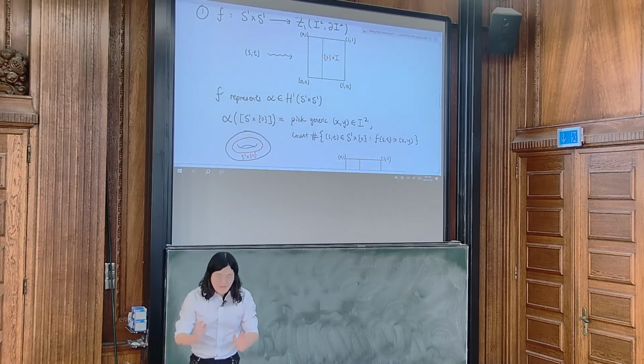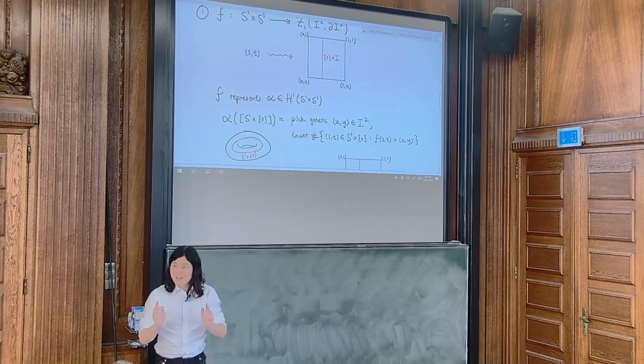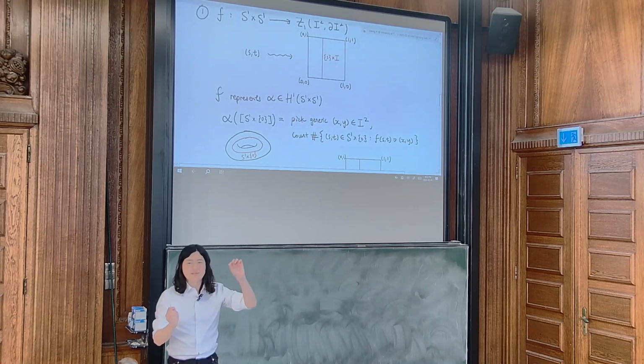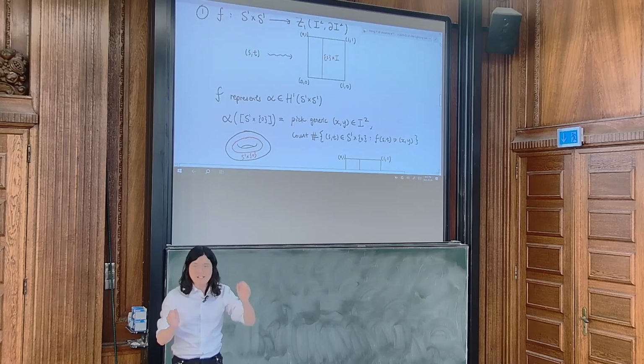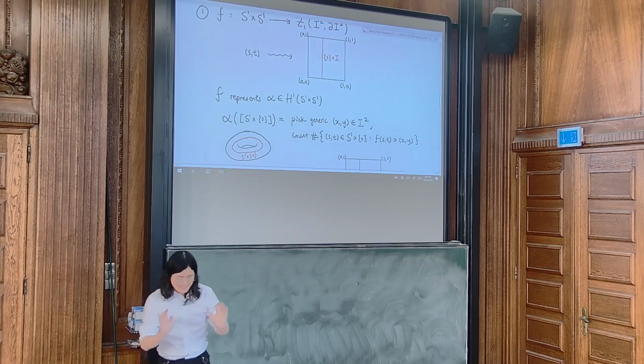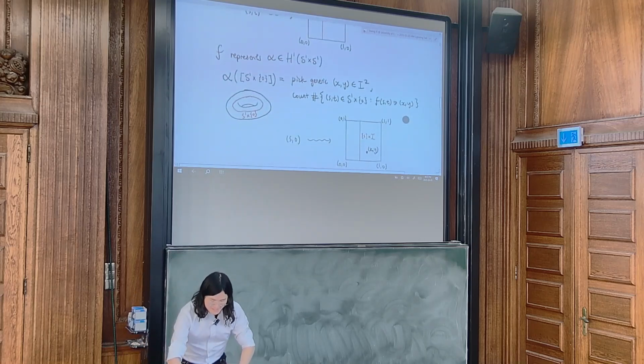The way we evaluate is like this. To evaluate on this homology class, you pick a generic point inside the square, and then you count how many inputs inside this red curve will allow the output, which is a red line, to contain that point. That was a lot of words, but look at this picture.